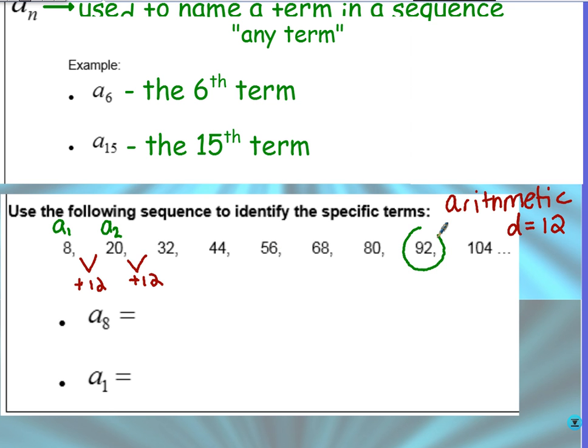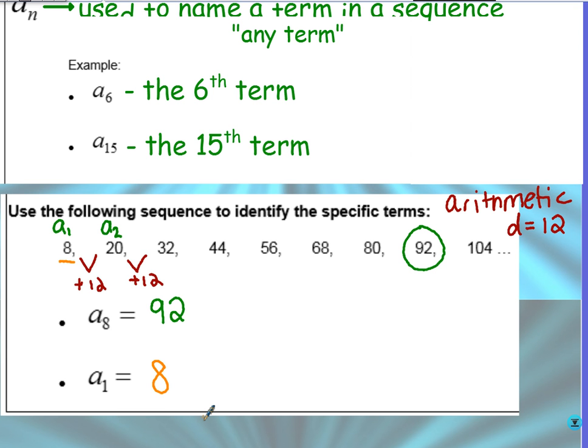So the 8th term of this sequence is 92. Also, a sub 1, the first term of the sequence, well, that is 8 here, it's the first term, so a sub 1 equals 8. Okay, so that's some of our new notations that we are going to use for sequences.